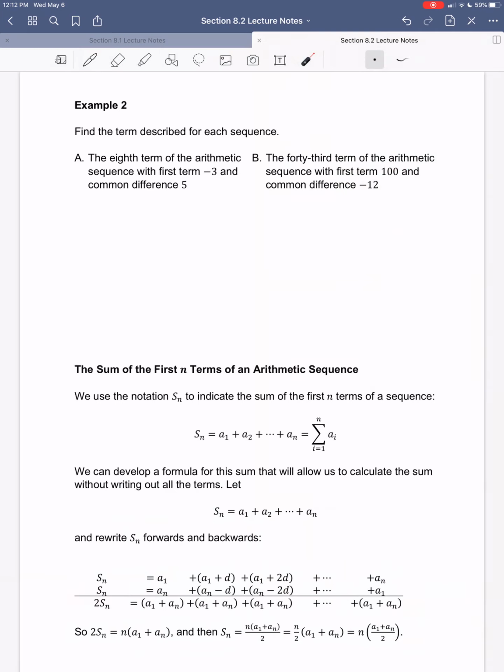So if I want here the 8th term of the arithmetic sequence with first term negative 3 and common difference 5, we could write out all 8 terms, but what we can say is I know that a sub n is a sub 1 plus n minus 1 times d. And I want to find the 8th term, so I'm going to let n equal 8.